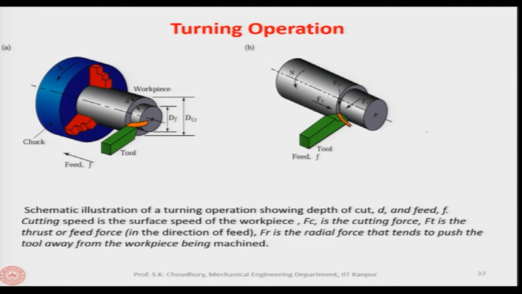If this is the tool tip, this will be the direction of the feed force, as I said. Now, if this is the feed direction, then in the radial direction we have the force like this.